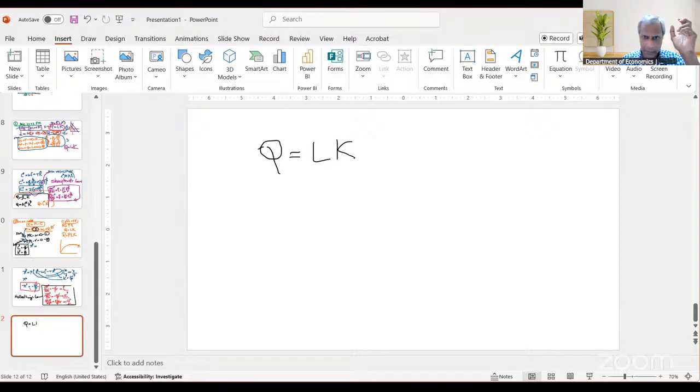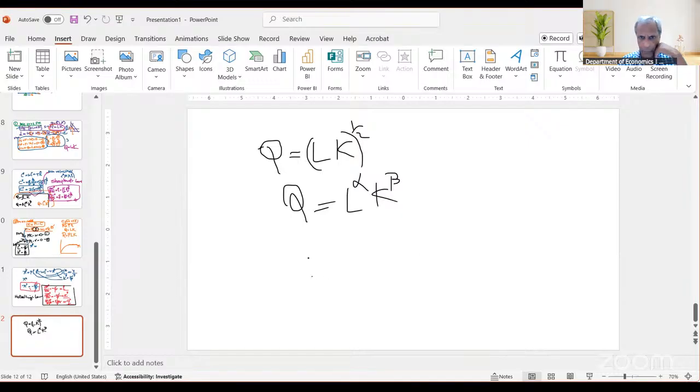Maybe like this, or like previously I gave you L to the lambda, K to the beta, or maybe different values, let's say L to the power 0.4, K to the power of some other value. Actually, you can easily get it in very simple steps, about 15 to 20 marks.